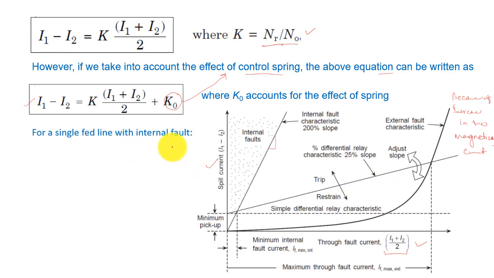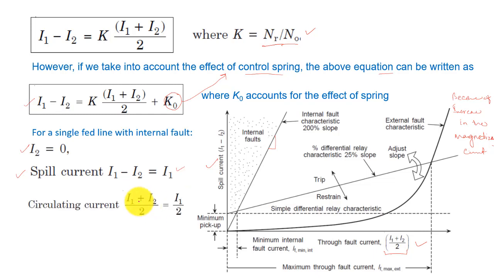For a single feed line, let us consider an internal fault. Your I2 will become 0 and the spill current will become I1 minus I2, which will be equal to I1. So the spill current for internal fault condition for a single feed line will become I1, right. Now the circulating current will become (I1 plus I2) by 2, because I2 is equal to 0 here.